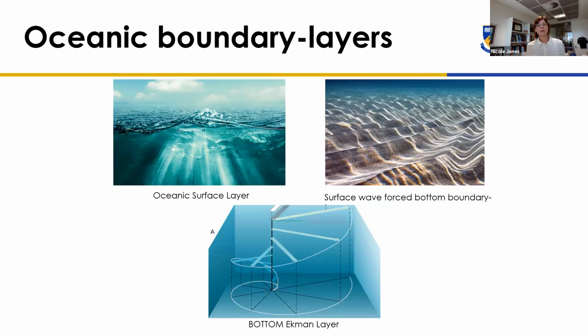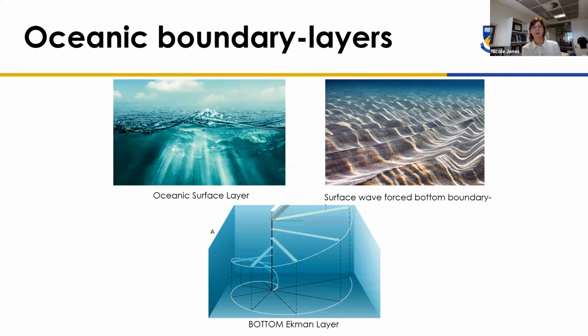So within the ocean, there are two very important boundary layers. One is the surface layer, and this is where a lot of the exchange of gases and momentum is occurring across that air-water interface. And so this is a very important boundary layer in the ocean. But today we're going to be talking about the bottom boundary layer. And this bottom boundary layer can be forced by a range of different processes, and depending on the dominant process, can really influence the height of that boundary layer.